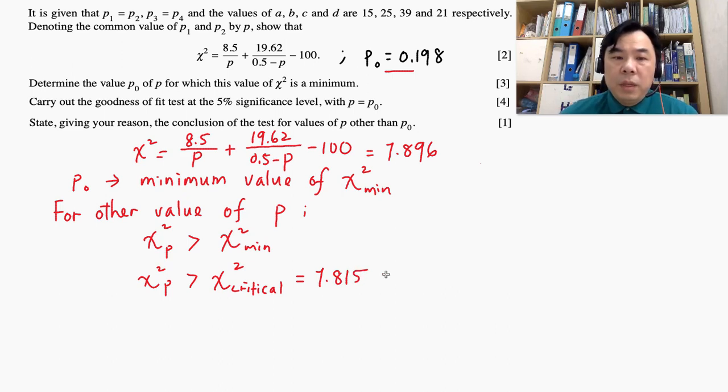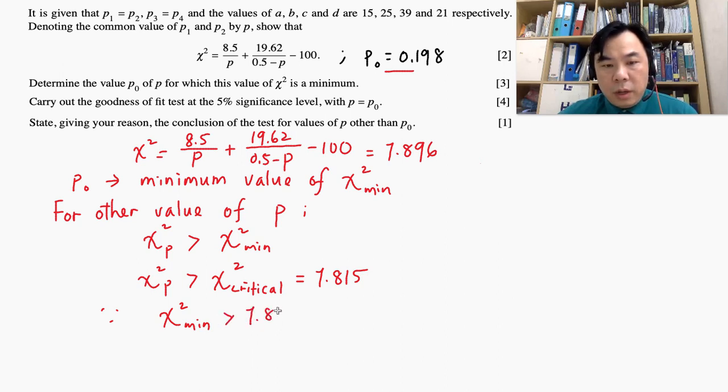Because this is already the minimum, and the minimum value exceeds this. You can see that because the minimum value of the chi-square has already exceeded 7.815, we can always conclude or decide to reject H naught.